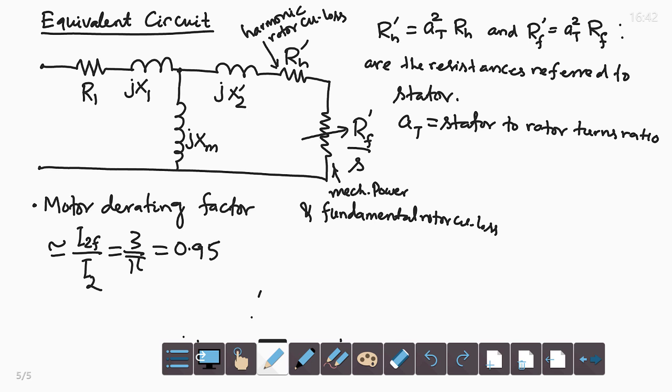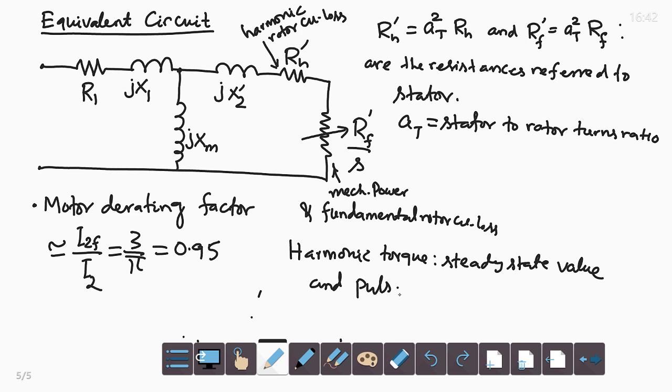Harmonic torques are negligible, very small.